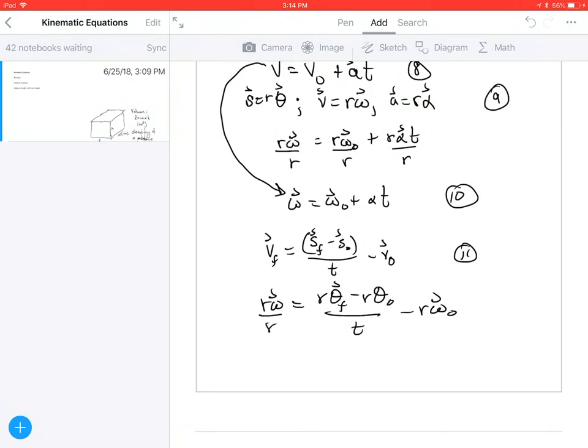So again, the r's are going to be applied in the denominator across the equation, and we end up with omega is equal to the angular displacement divided by t minus omega initial. This is equation number 12.